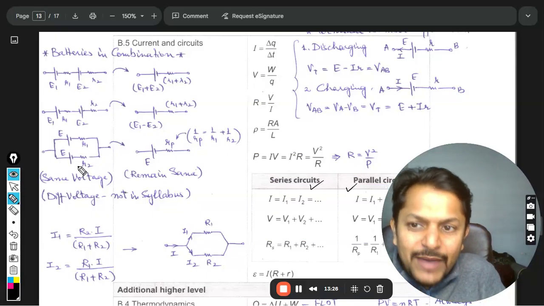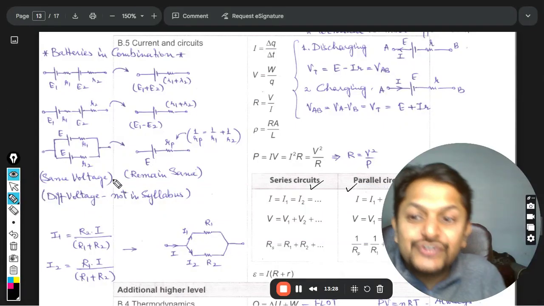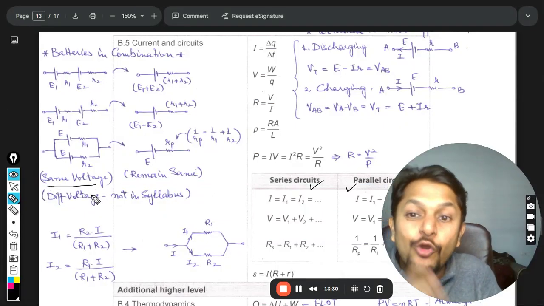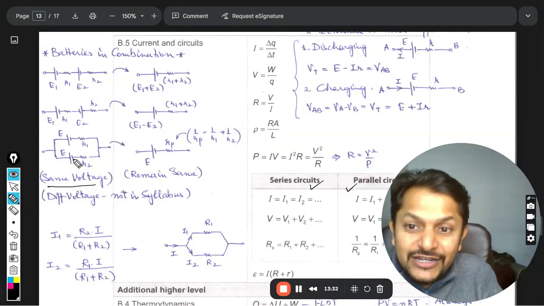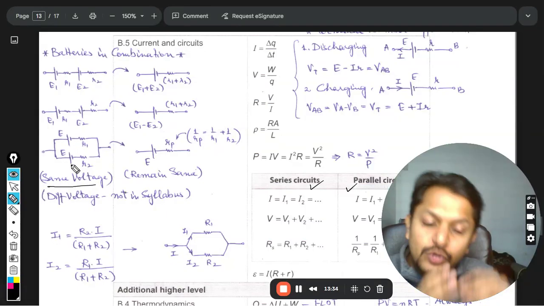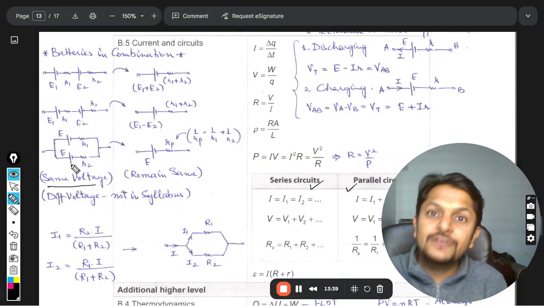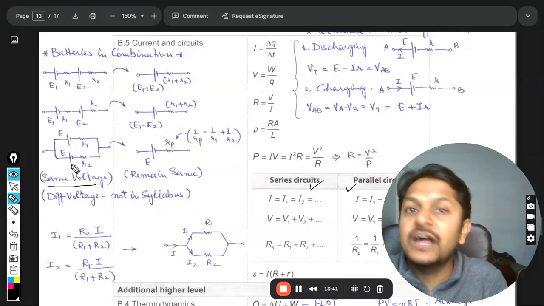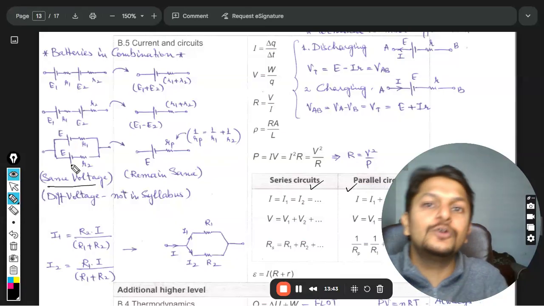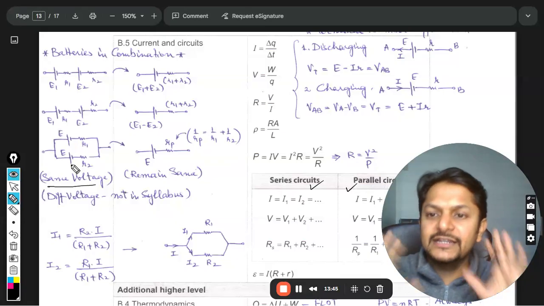In parallel, there is the condition that you must have the same voltage, so it should be the same batteries. You cannot use different voltages like E1 and E2. For that there is a very big formula, but IB has never asked that question to date, so I have not given you that formula in the data booklet.